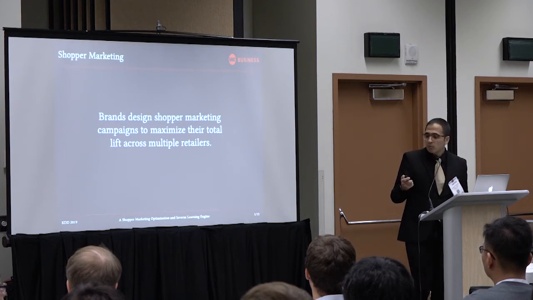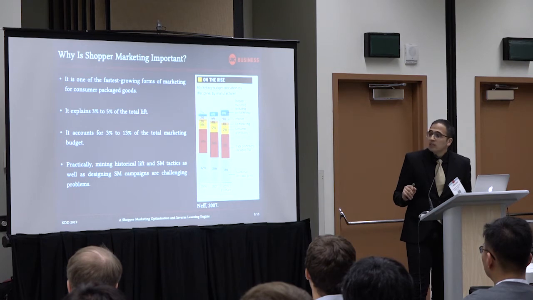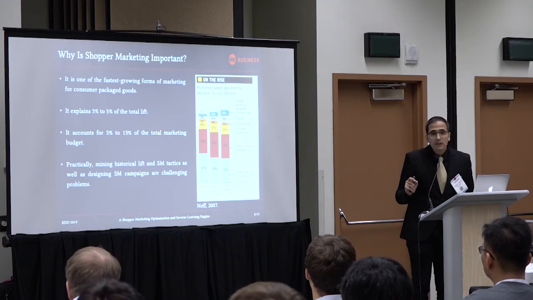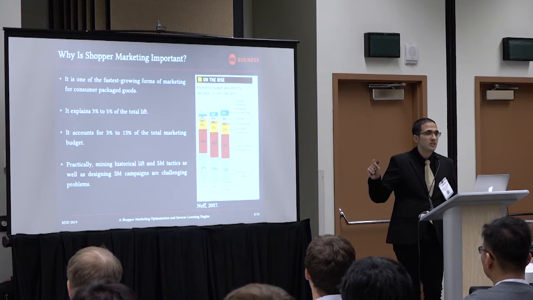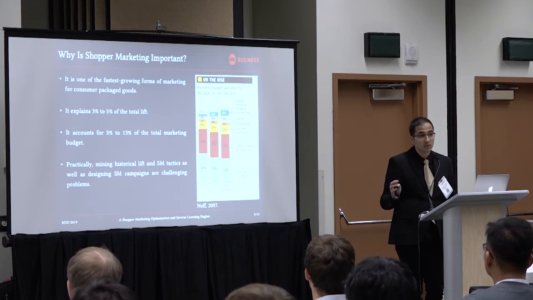Let's see why shopper marketing is an important problem. Shopper marketing is one of the fastest growing types of marketing for consumer packaged goods, and it explains 3 to 5% of total lift. So this percentage in this context is actually significant and plays an important role.